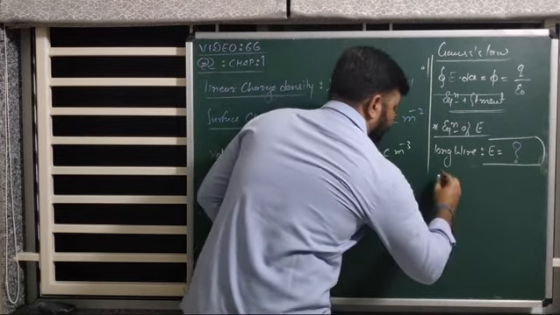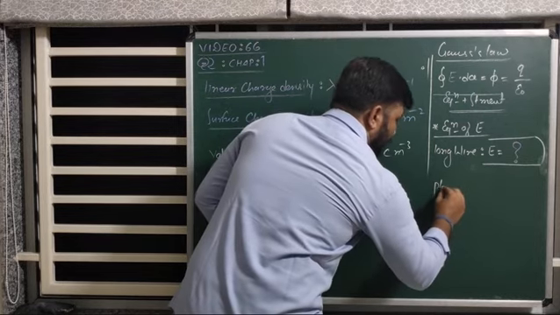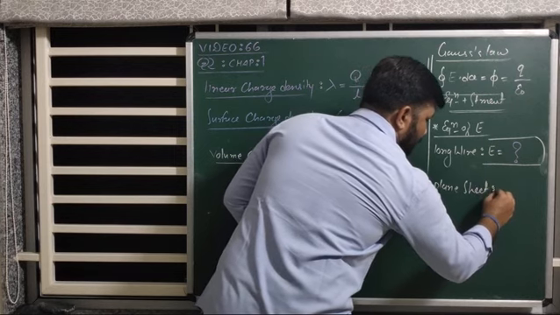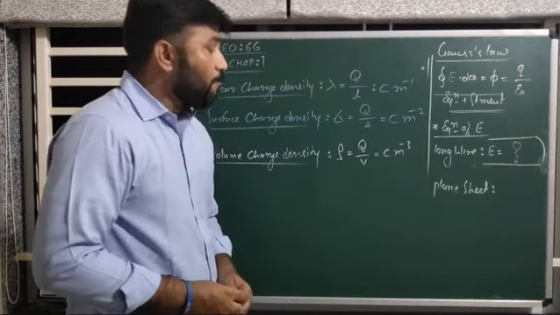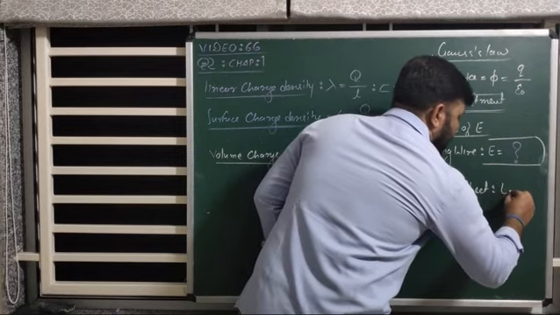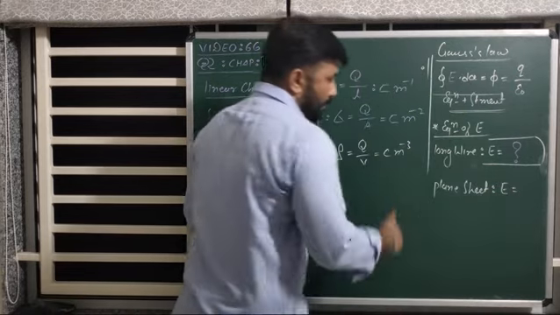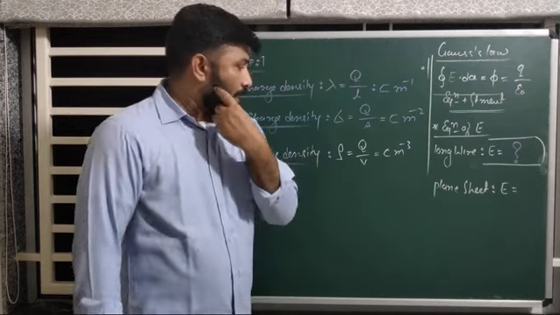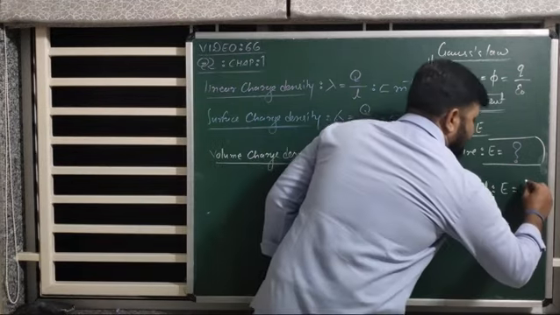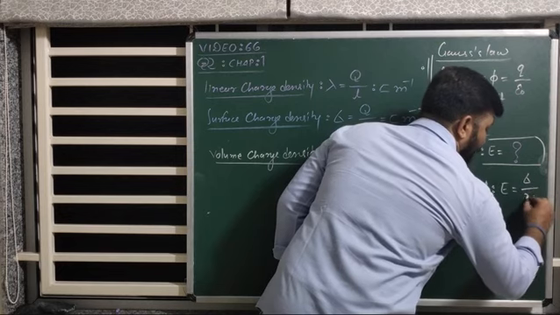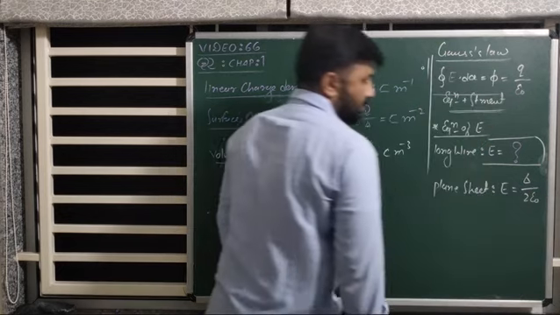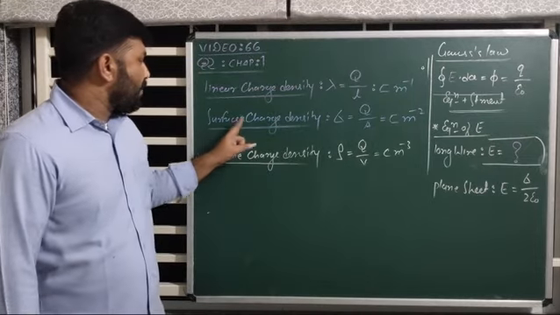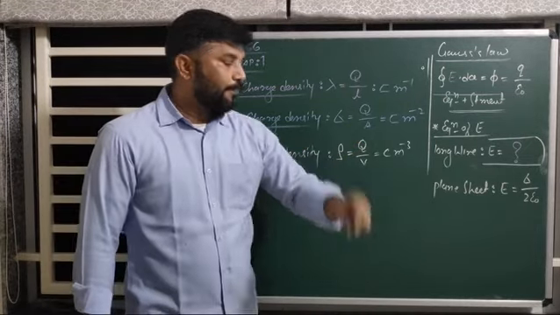Second, for a plane sheet, got it? Plane sheet, E is equal to, and this equation is very important in the second chapter also, you know very well, and it was E is equal to sigma upon 2 epsilon 0. And what is sigma? Sigma is nothing but surface charge density.